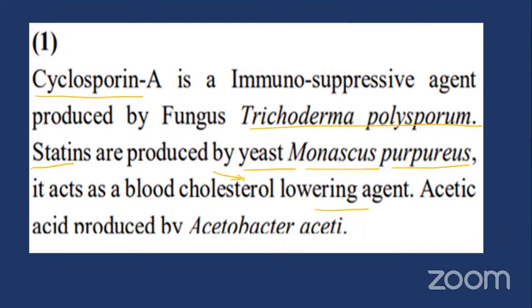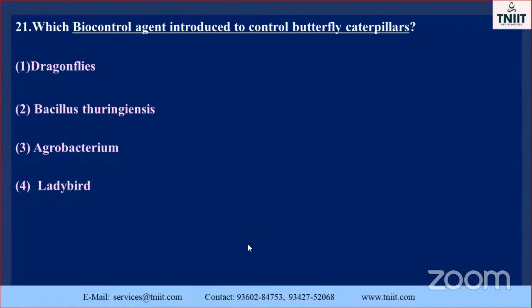Don't forget, this is a NEET question. Acetic acid is produced by Acetobacter aceti. Aspergillus produces citric acid. Last time they asked the question. Don't forget. Take notes also. Very, very important, my dear.